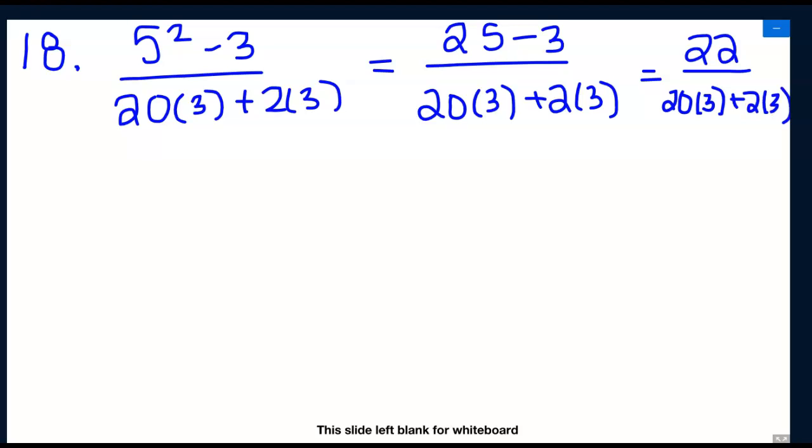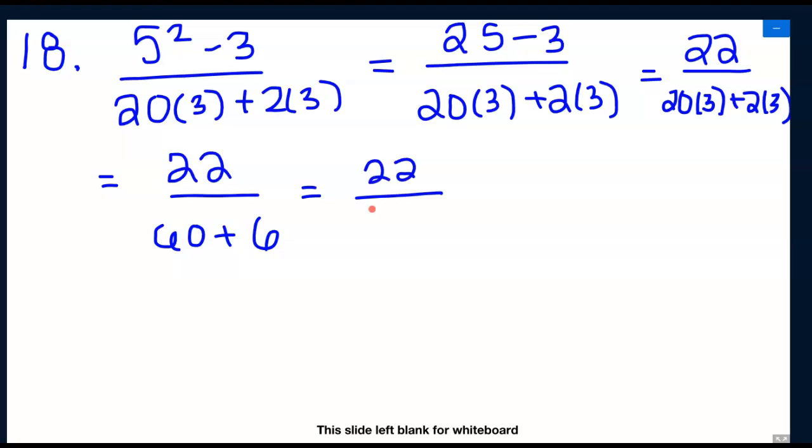Now we want to simplify the bottom, or the denominator. So you're going to multiply 20 times 3, which is 60. And you can multiply 2 times 3 since they're being added, and you get 6. So I've multiplied and got rid of my parentheses. That leaves 22 over 66.